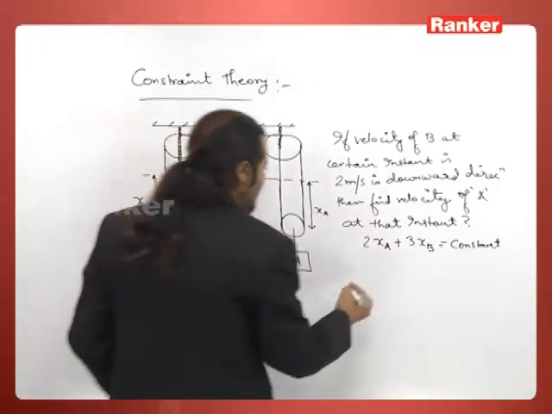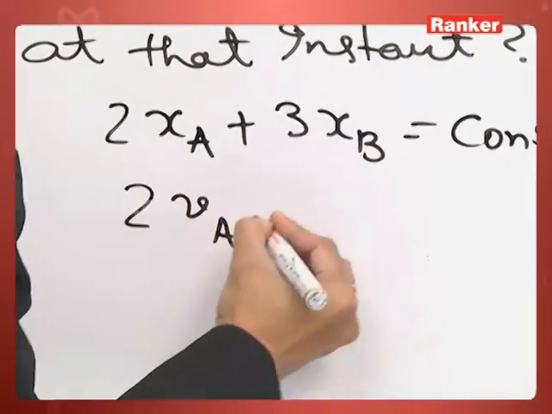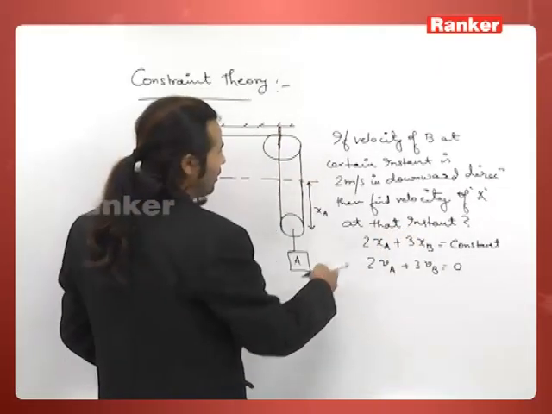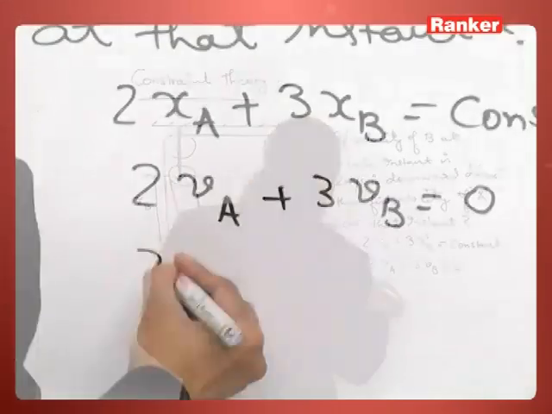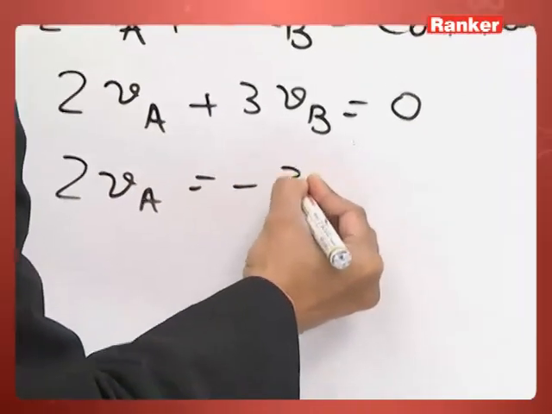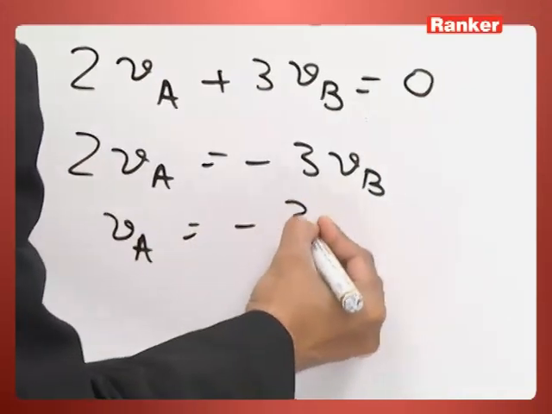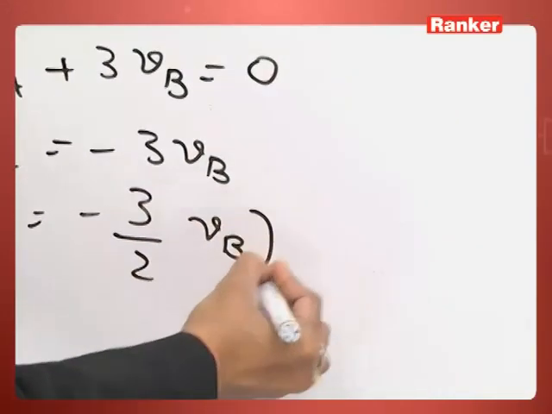Now I differentiate this: 2va plus 3vb is equal to 0. I need to find out velocity of A. So 2va is equal to minus 3vb. So va equals minus 3 by 2 vb.